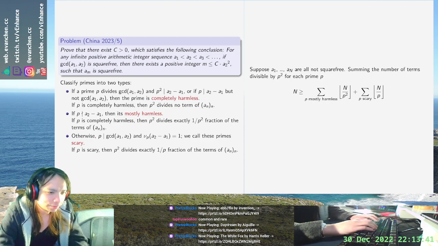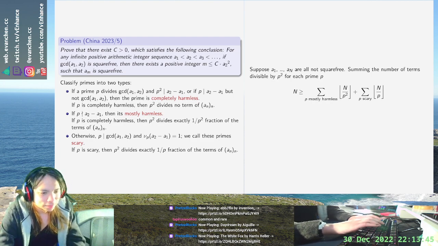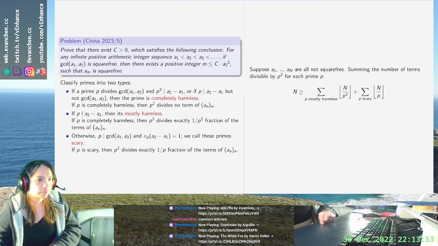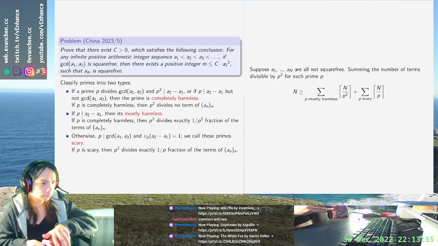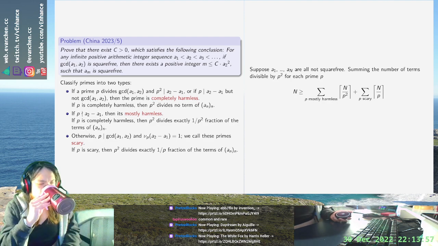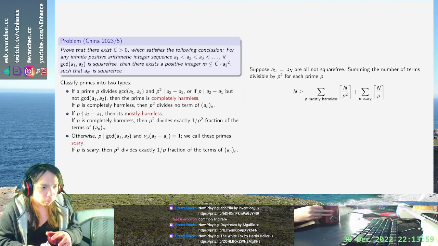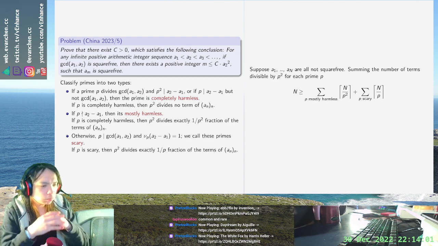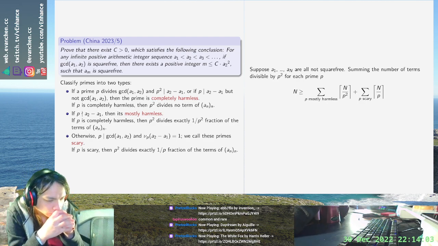Shit. These should be ceilings. Wait, actually something's not good about this.